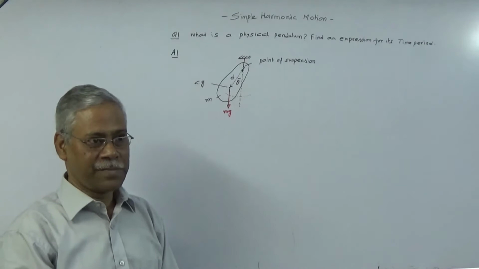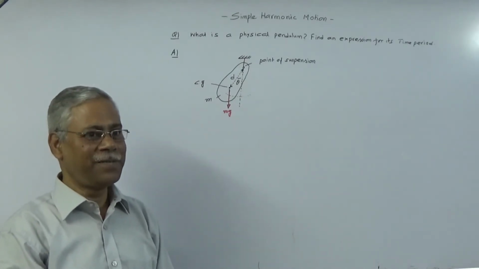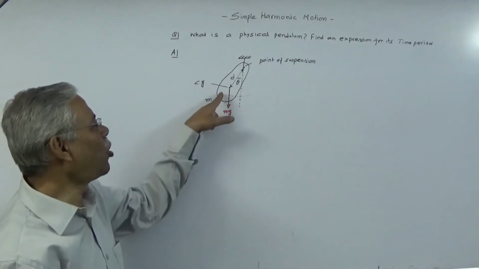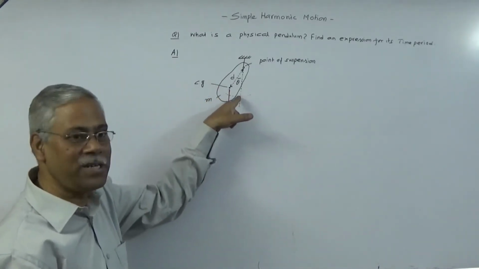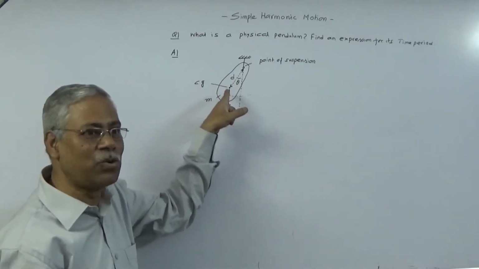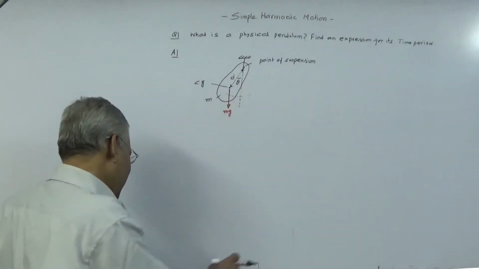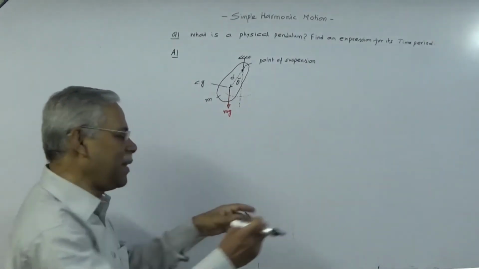Obviously torque, and that torque is of restoring nature, because the torque of mg will bring the body back to this position, then as it goes to the other side crossing the mean position, again it will take the body backward. You can consider this simple example.